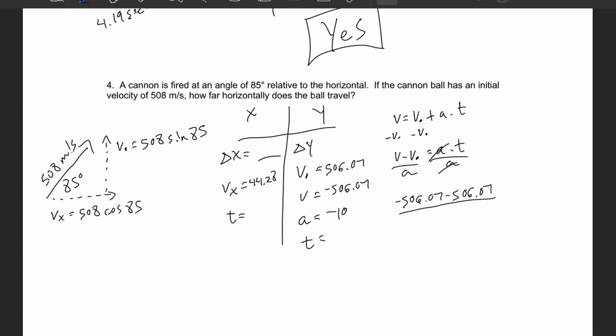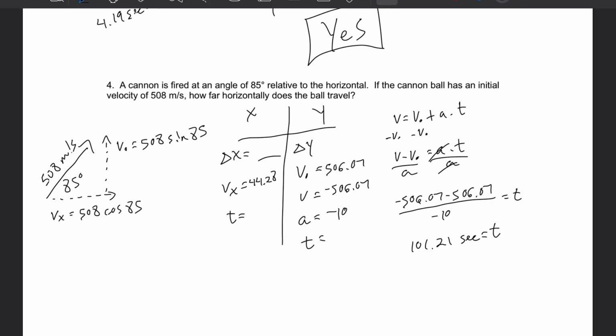That gives you the final velocity, negative 506.07 minus 506.07 divided by the acceleration, negative 10. Looks like the total time is going to be 101.21 seconds. That's how long it's in the air. Total time in the air.